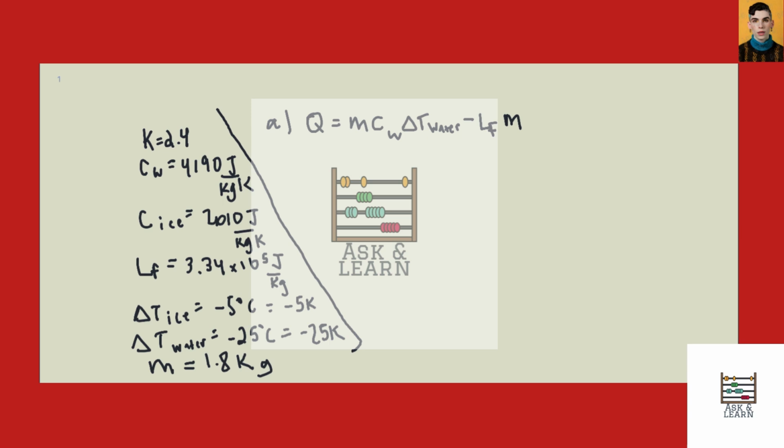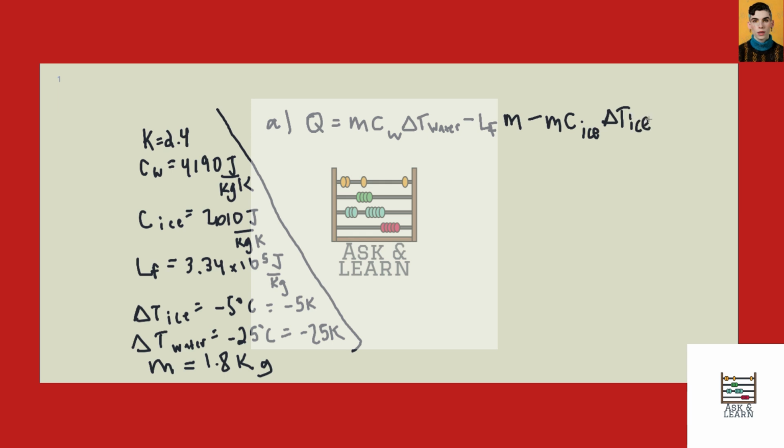Okay, and where's my pen? There it is. Great, and then the last step is taking all that ice you've just created and bringing it to even colder than 0 degrees. That's the same idea as cooling the water, but now we use C of the ice times delta T of the ice.